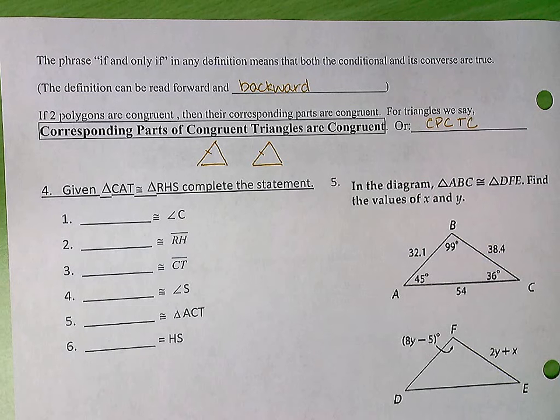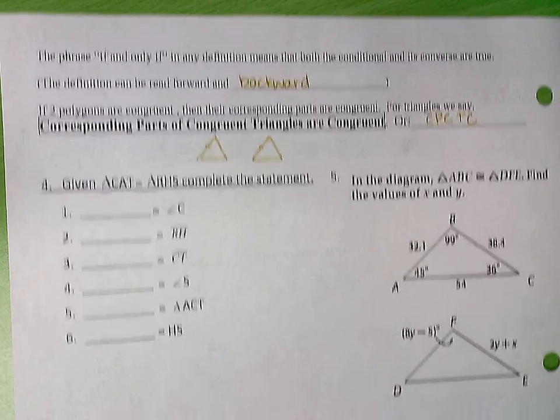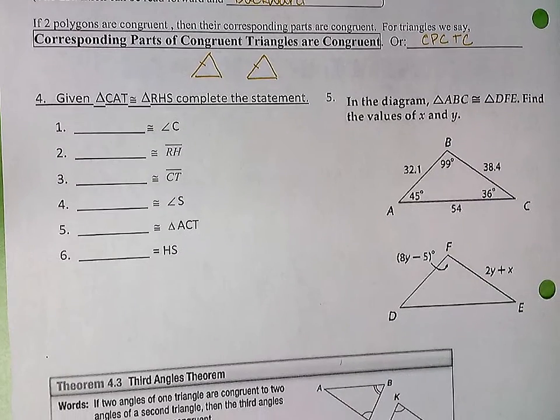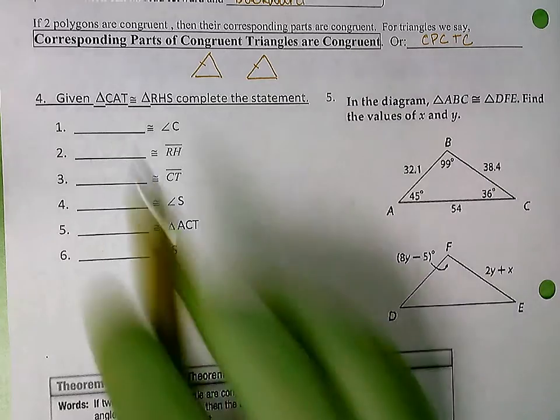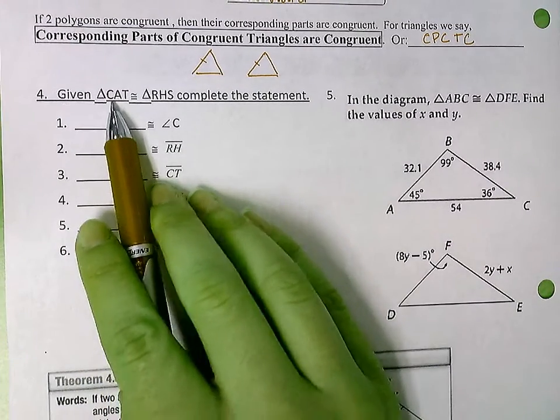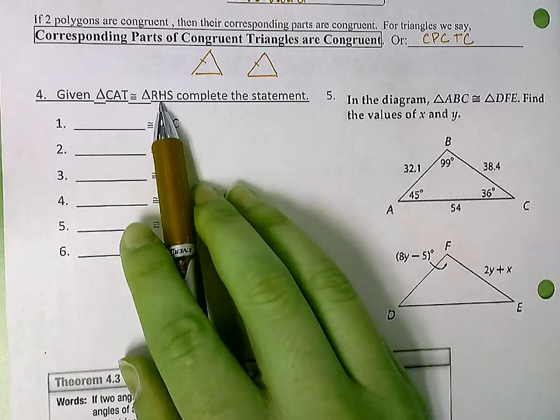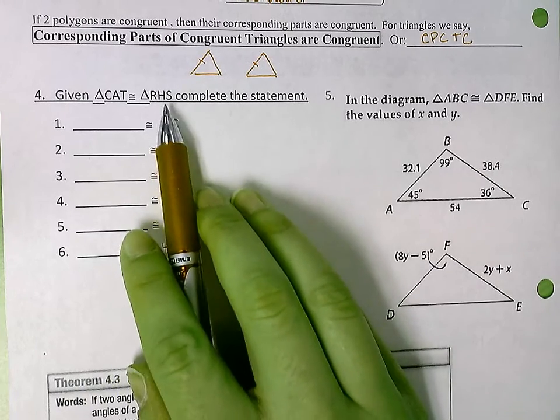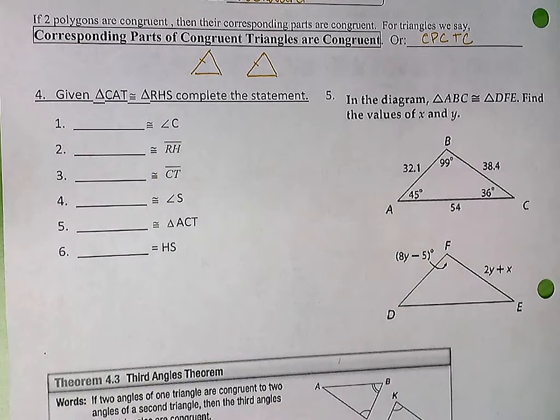So that's what number 4 is doing. If you look at number 4 on the left there, you're given this first triangle, CAT, is congruent to this second triangle, RHS. So you have two congruent triangles. That means their corresponding parts have to be equal or congruent.